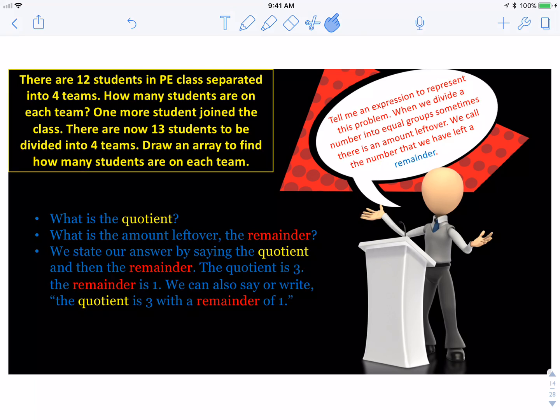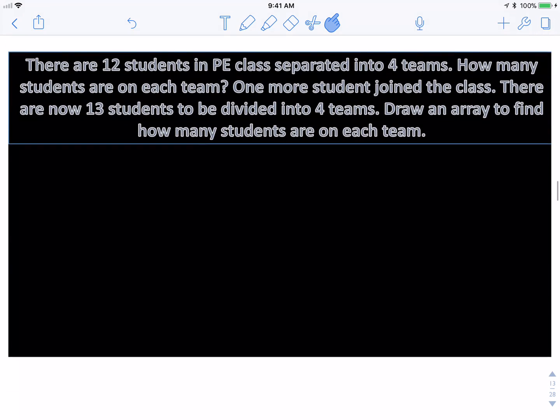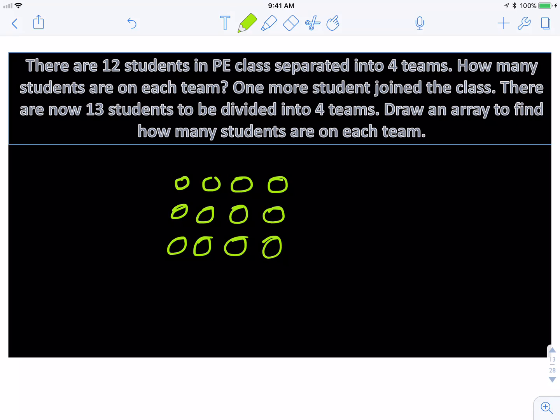Okay, I think I'm going to go back to the previous slide and draw an array to show you what that would look like. So we have 12 total students in 4 teams. So I'm going to go by 4s. 1, 2, 3, 4, 5, 6, 7, 8, 9, 10, 11, 12. So we know now we have 3 students on each team. But my problem is that one more has joined.